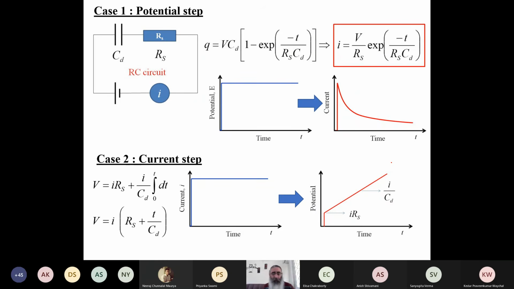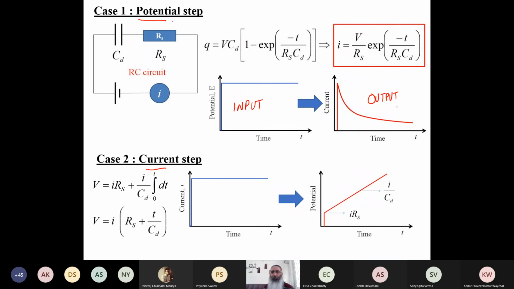Okay, sir. So I have just summarized the implications of the equivalent circuit representation in the two cases that we have discussed: the potential step and the current step. This is just a summary slide. In the case of potential step, the output depends on the time constant RS times CD.